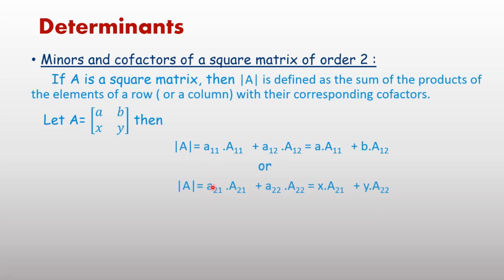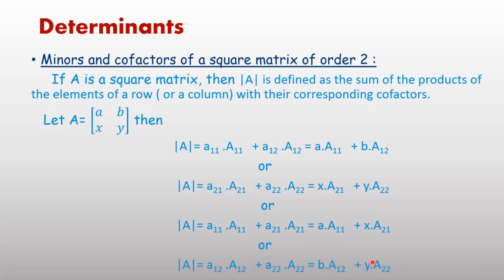The same process you can do with the second row. Take x, multiply by its cofactor: the cofactor of x is A21, plus y times the cofactor of y is A22. Or along the first column, or along the second column.